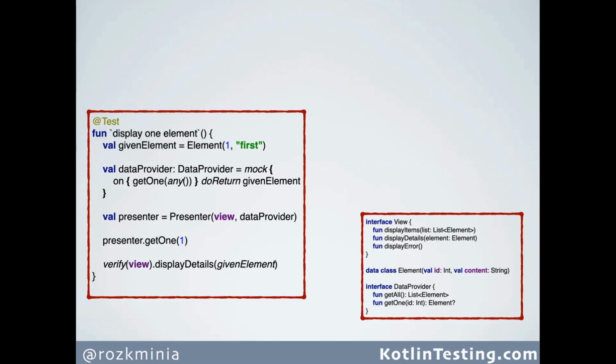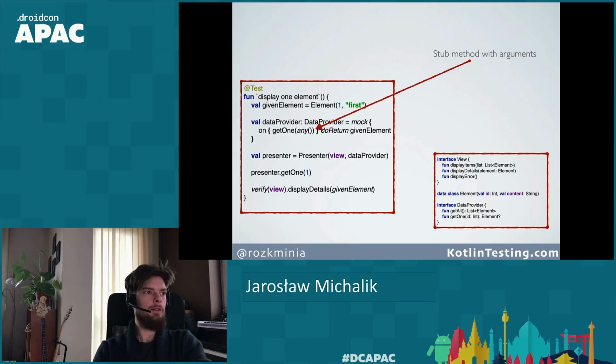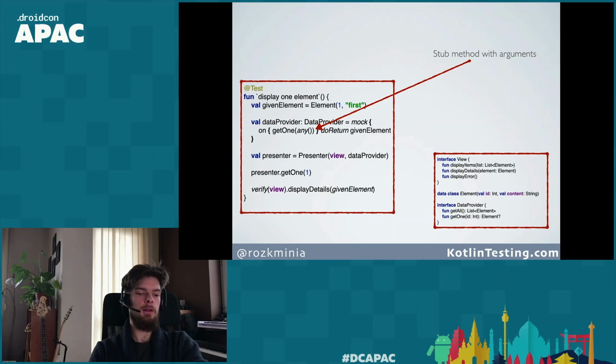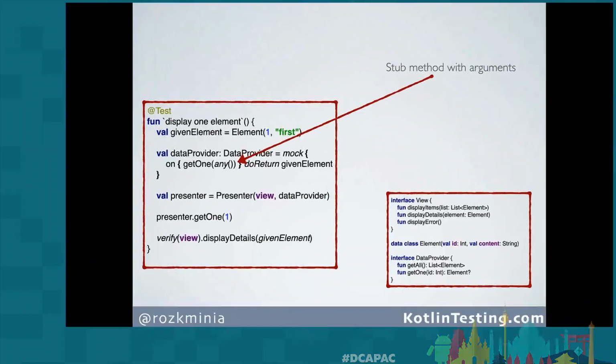Another test case for that presenter could be verification of displaying only one element. And here we have stub for another method of data provider, getOne. With Mockito, we can stub a very specific method invocation. We write that on getOne method with any parameter, it should return given element.